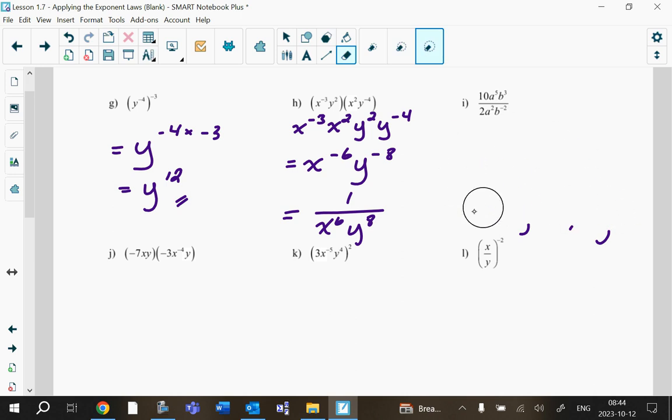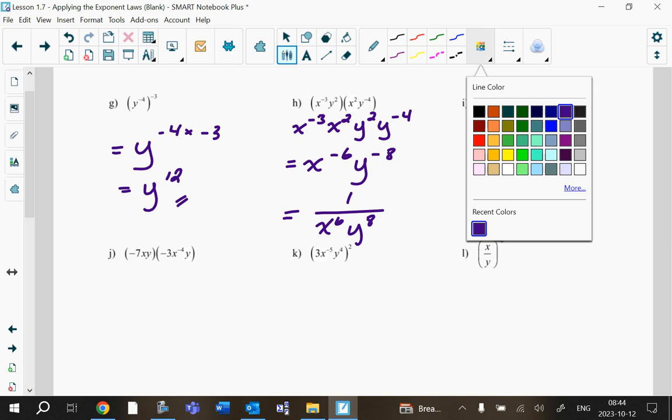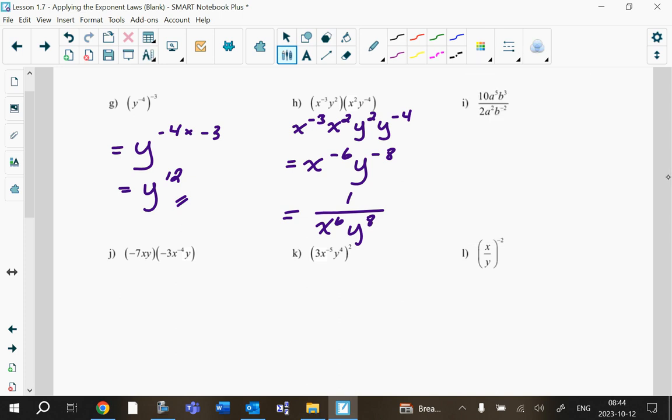So here, remember, this is the same as 10 divide 2 times a to the 5th divide a squared times b to the 3rd divide b to the negative 2nd.